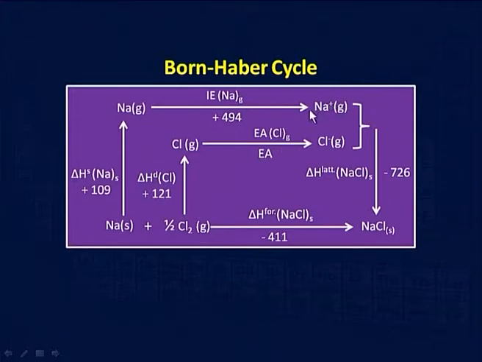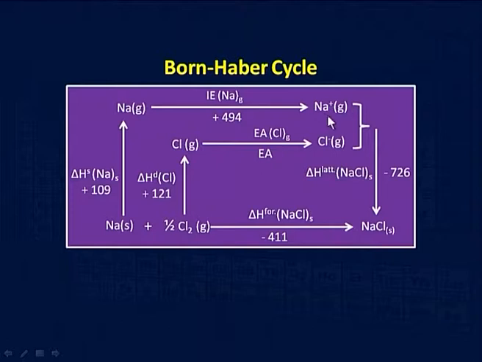When the gaseous sodium ion and gaseous chloride ion unite to form 1 mole of sodium chloride, minus 726 kilojoules of energy is released in the formation of the lattice, and this energy is the lattice energy. So, we know the lattice energy of 1 mole of sodium chloride, the heat of dissociation of chlorine, the heat of sublimation of sodium, and the ionization energy of sodium.